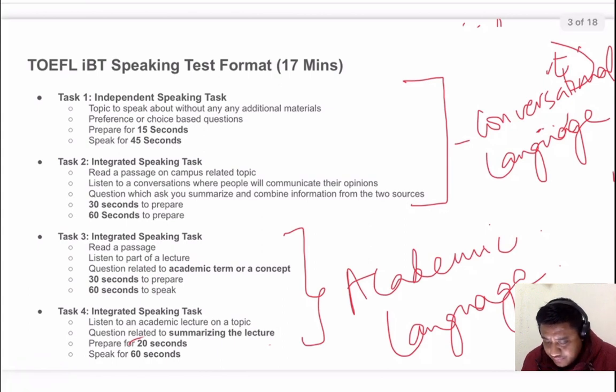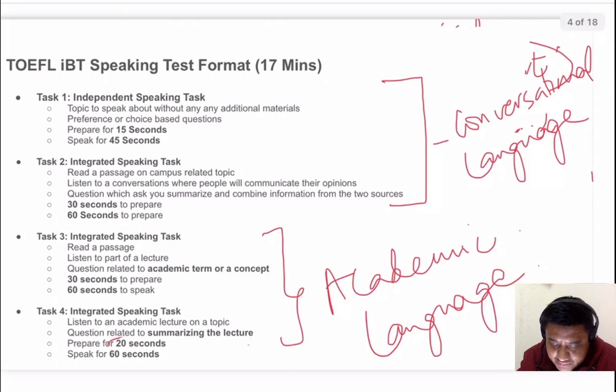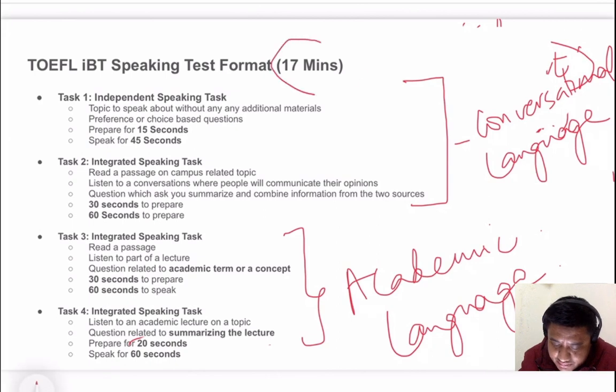So this is it when it comes to the TOEFL iBT speaking test format, and the speaking exam takes place for 17 minutes. I also wanted to mention that whenever you have to read, they give you a specific time, which might be 2 to 3 minutes. Okay, 2 to 3 minutes.